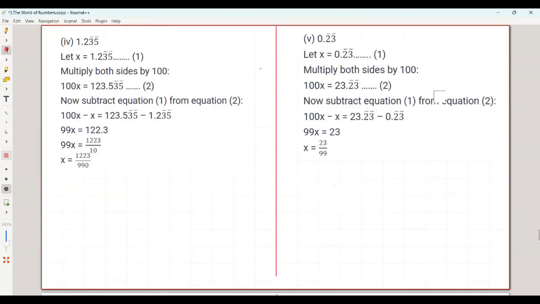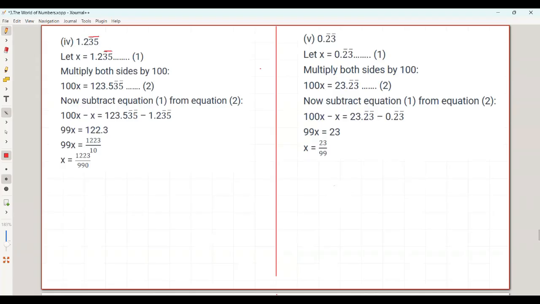Question number 4 is given: 1.235, where 35 alone is repeating. As two digits are repeating, we have to multiply by 100. First step, let x is equal to 1.235 dot dot dot.